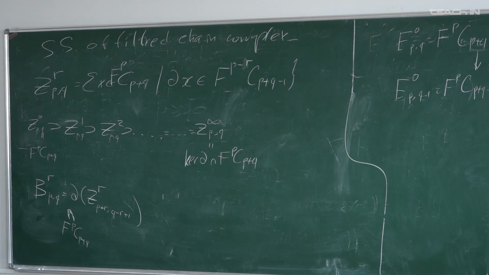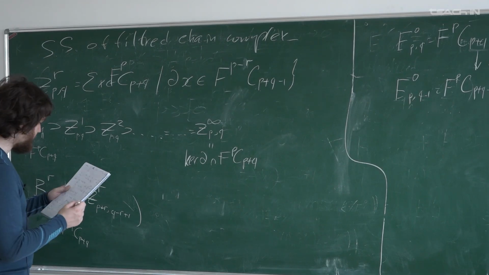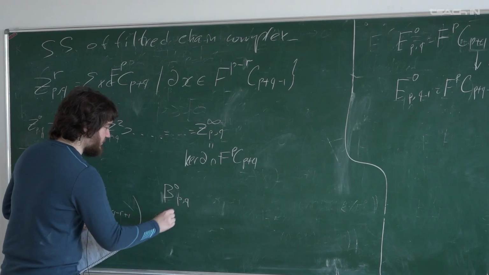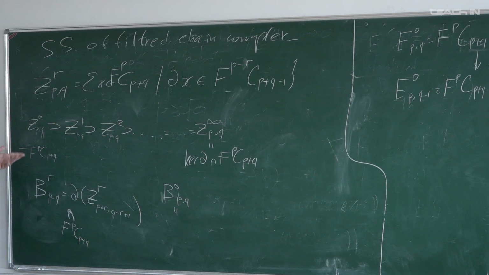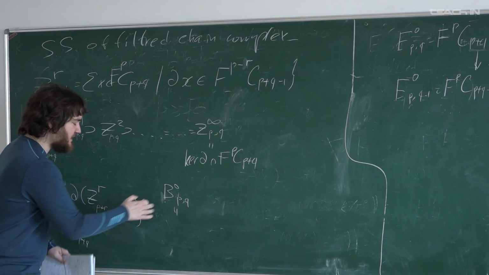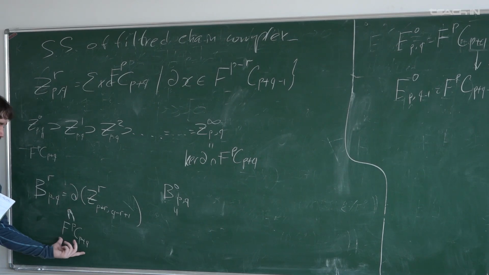And so I also have a filtration of these modules. I have B0. What is B0? It's just the image of this filtration itself, because by definition in this filtration, the smallest assumption is D of something from this filtration.